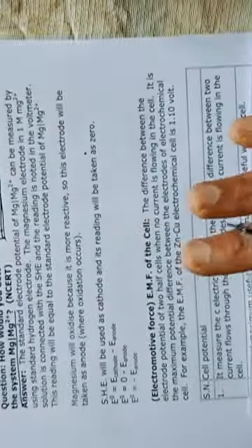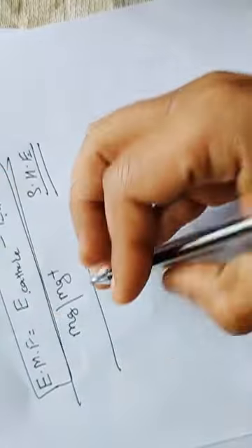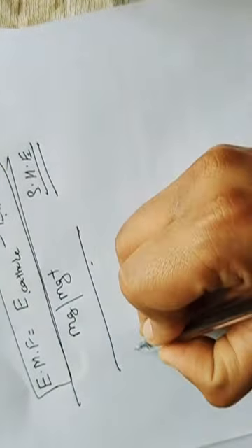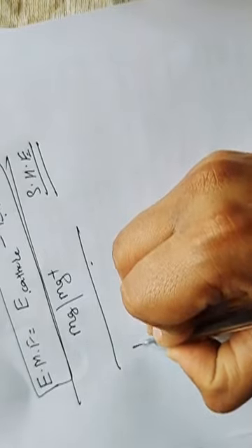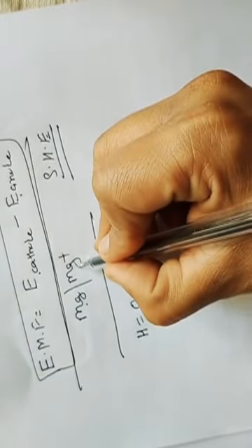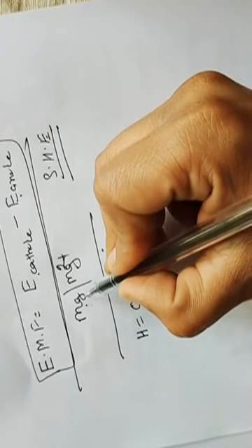So by the use of SHE, if you are calculating the electrode potential, then it becomes standard. Now you know that electrode potential of H is 0, and now Mg to Mg2 positive, you have to be alert and see it carefully.